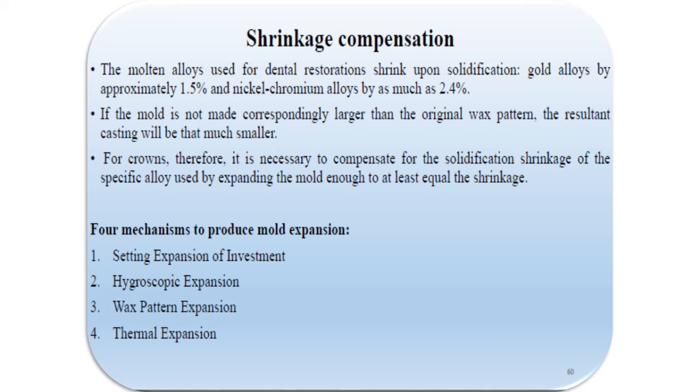Then there is wax pattern expansion, which is not at all recommended and is outdated. Then finally the thermal expansion. Thermal expansion is the most important and most commonly followed mode of expansion in the investment material to compensate for the casting shrinkage.